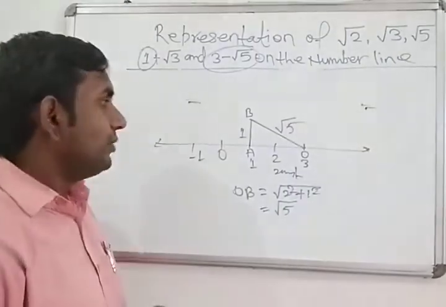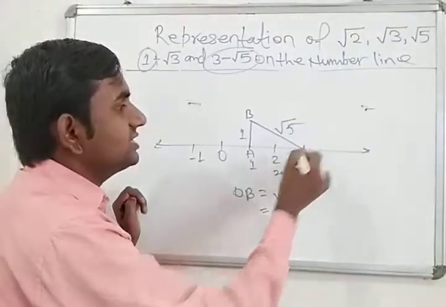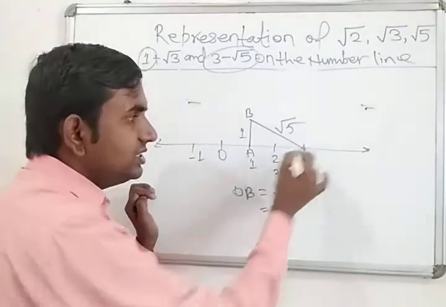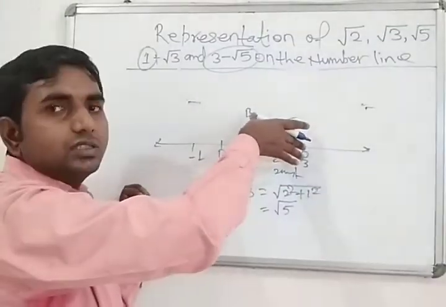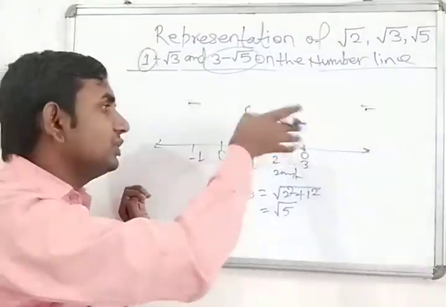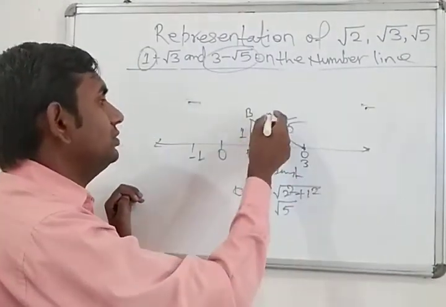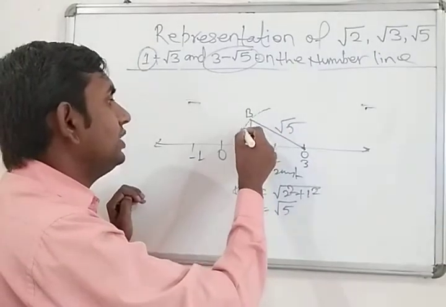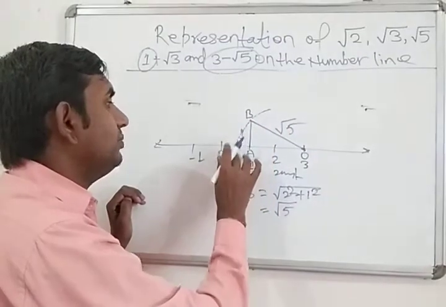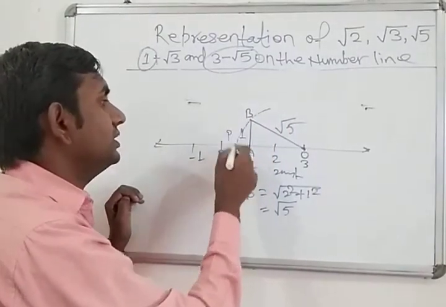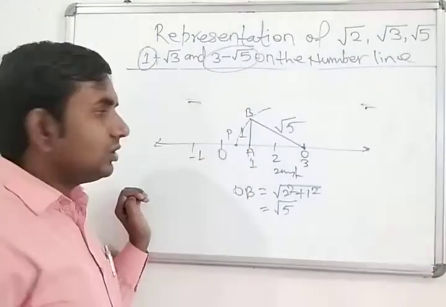Okay, now we assume O is the center, and we take an arc equal to OB by use of a compass, and from this center we draw an arc. Okay, then we find a point, suppose this point is P, crossing the number line.